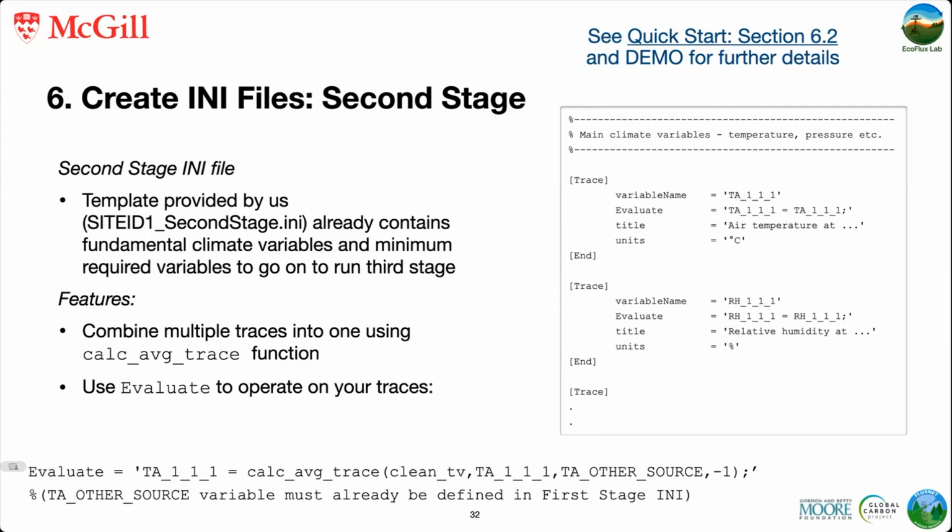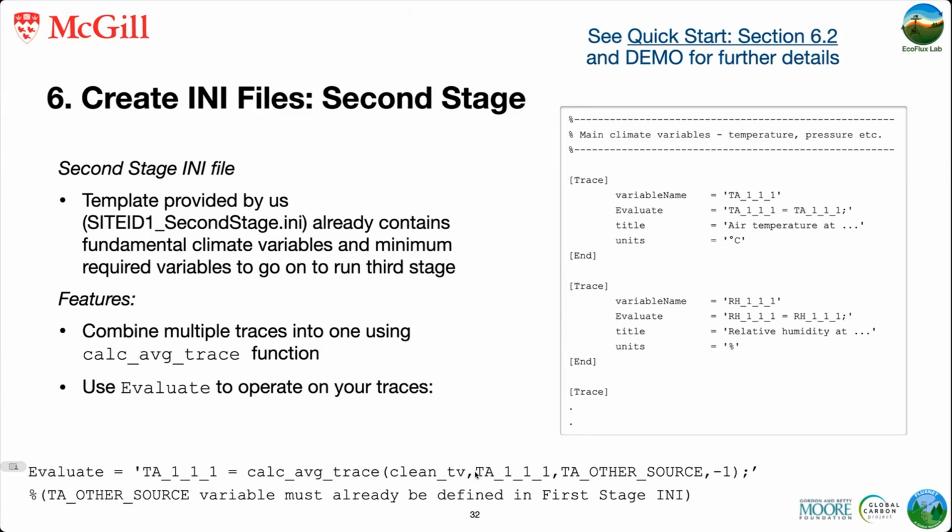So just a couple of features in the second stage. As mentioned earlier in the data cleaning principles, you can combine multiple traces, and you do this using the calc average trace function. So to do that, you'll use it within the evaluate option. I have an example of what that line of code might look like here.